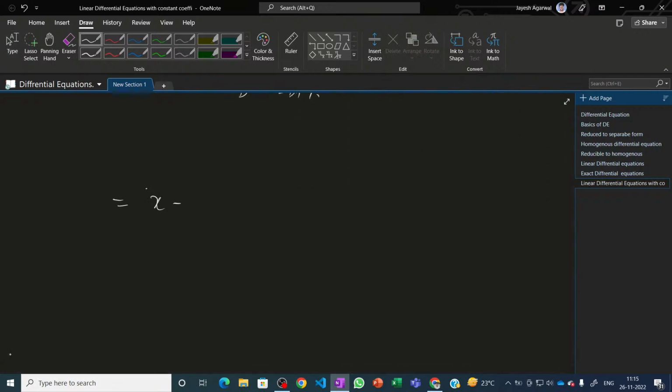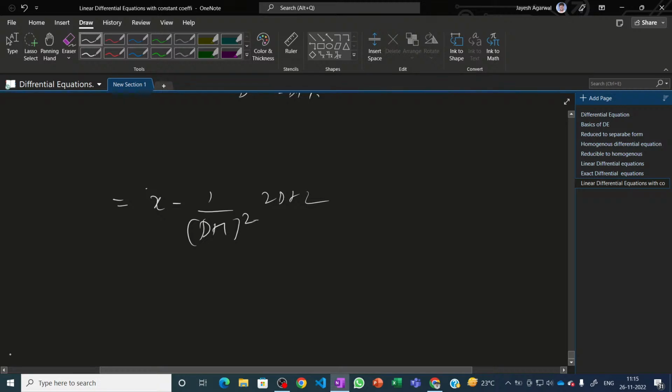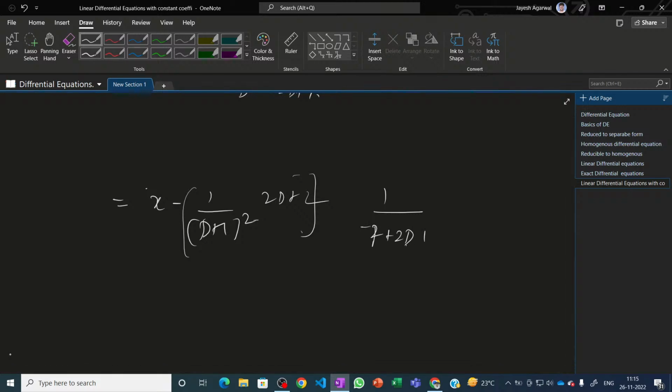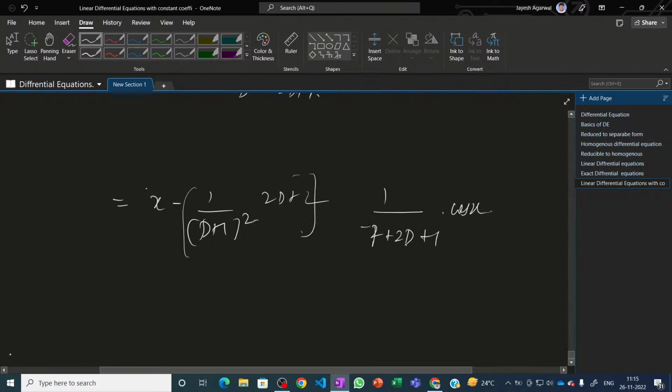Then x minus 1 upon (D plus 1) square, 2D plus 2, 1 upon minus 1 plus 2D plus 1 into cos x.